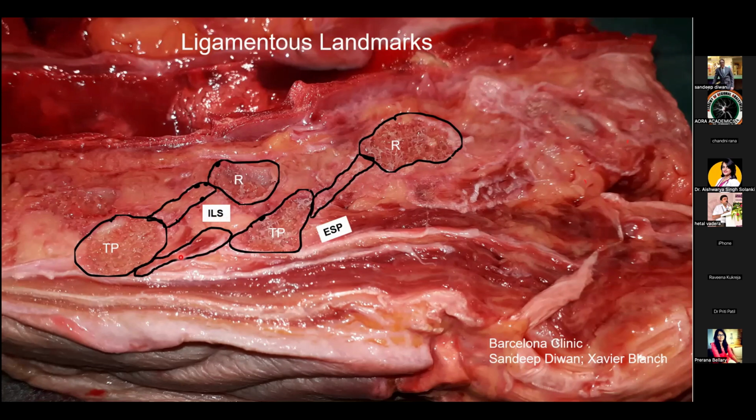Now, the two ligaments are the intertransverse ligament and the costotransverse ligament, and then you have the paravertebral space, which is beyond the costotransverse ligament. So this is how it looks. This is the general outlay of whatever we find during the sagittal section. So the erector spinae plane is more superficial, the paravertebral space is more deep, and the interligamentary space or the intertransverse space is in between the two.